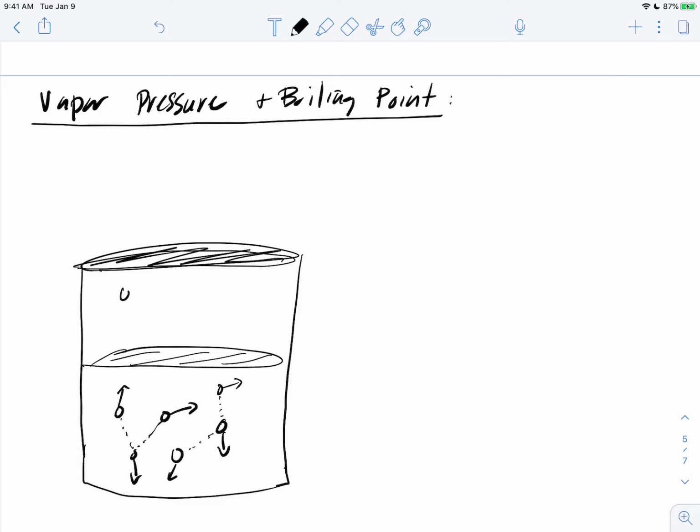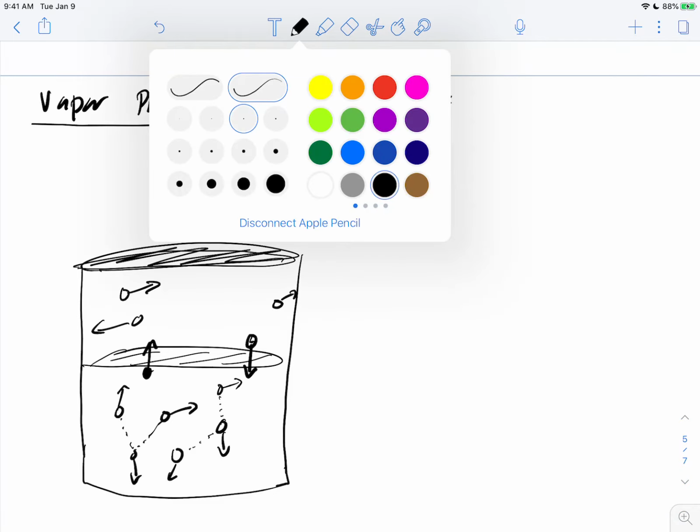In the gas phase, we can have molecules moving around, but there isn't that intermolecular interaction, especially at lower pressures. Now, we can have a molecule that goes from the liquid surface up to the gas phase, and we can also have gas molecules in the gas phase hit the surface and go back to the liquid phase.